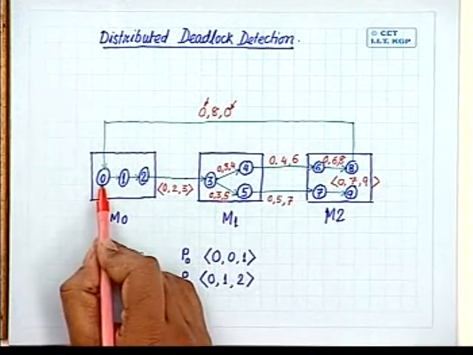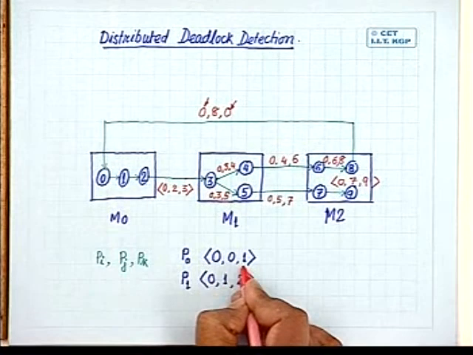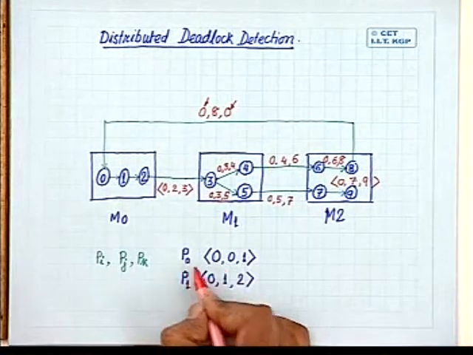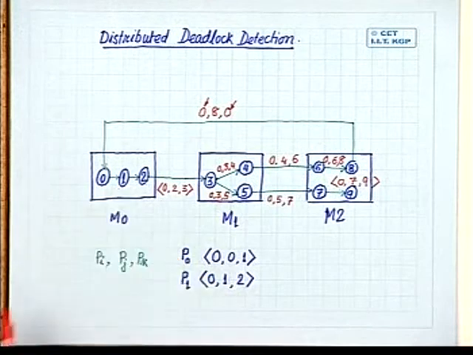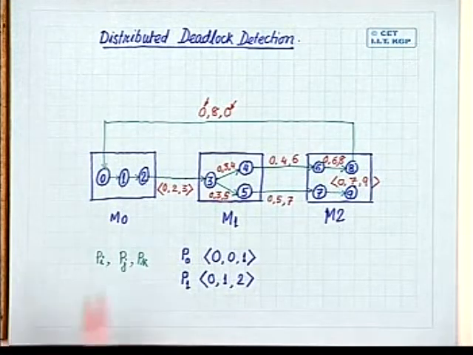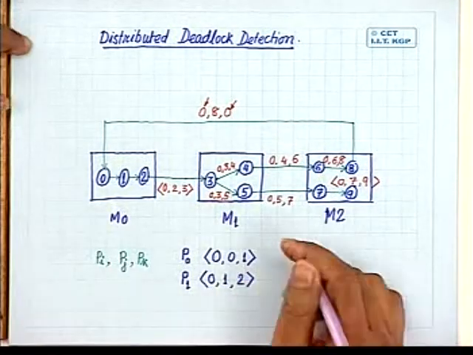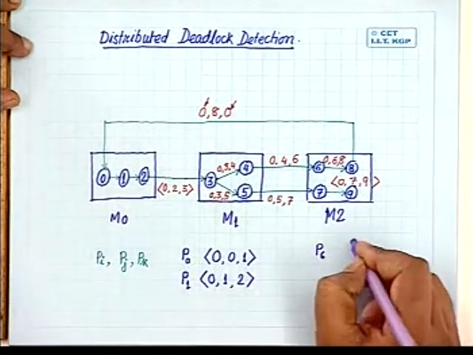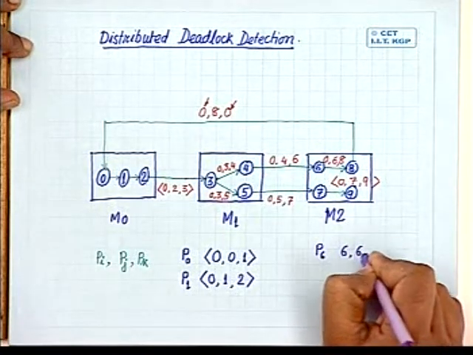In that case, process 0 will generate the message 0, 0, 1, assuming our path remains the same, and the message will be sent to process 1. Process 6 will generate another message, and the message components will be 6, 6, 8.